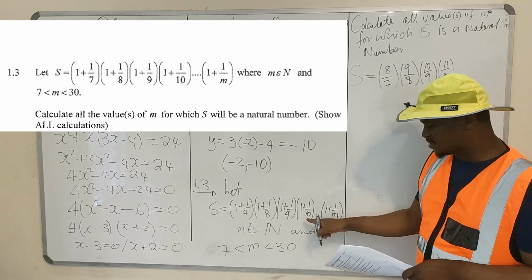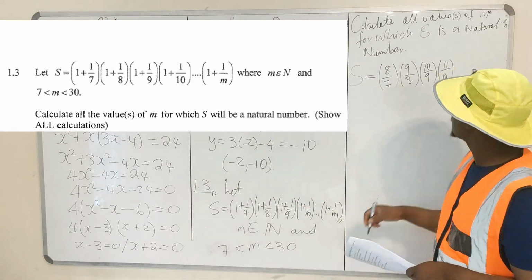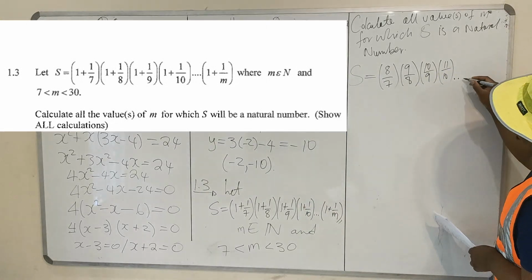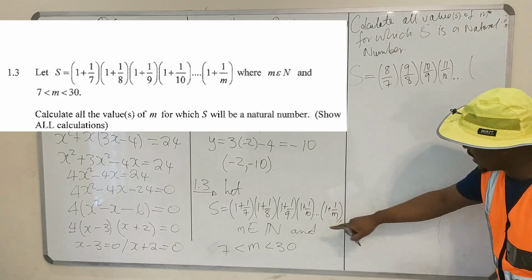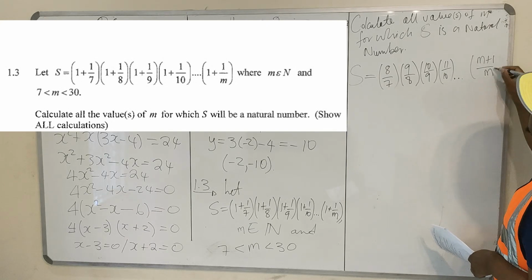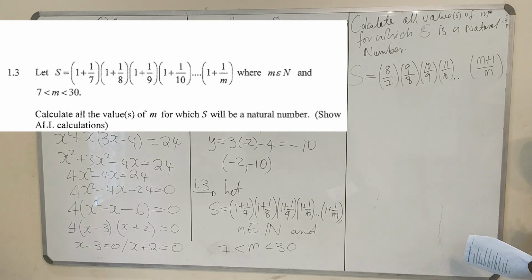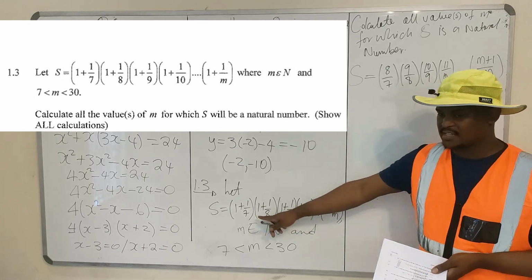You know how to multiply these. And then this thing continues until the last one there. So the last one is what? It will be M plus 1 over M. Do you agree? Okay, so this is the same thing as that.